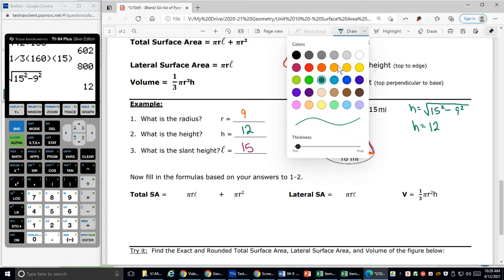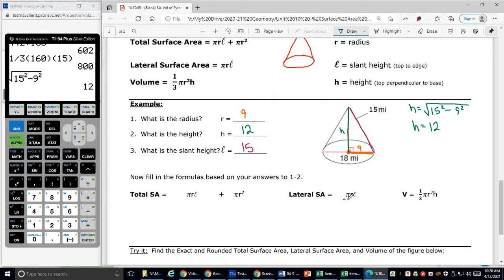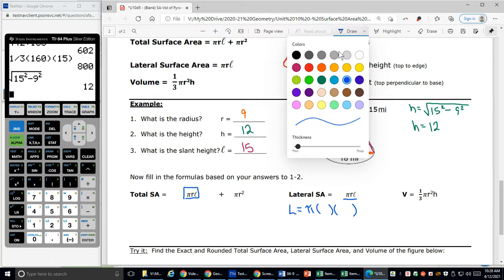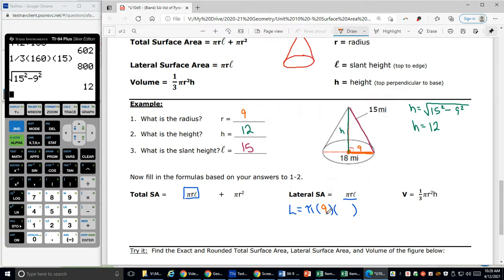I like to start with my lateral area because I know I'm going to need that pi r l as part of my total surface area. So why not just find it first, right? My lateral surface area is pi times my radius times my slant height. My radius is 9 here, and my slant height is 15.